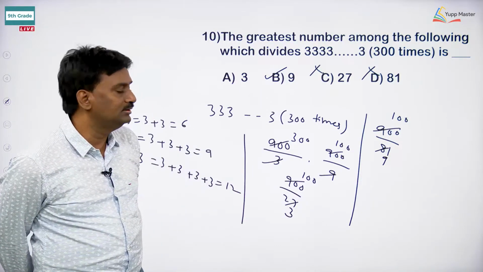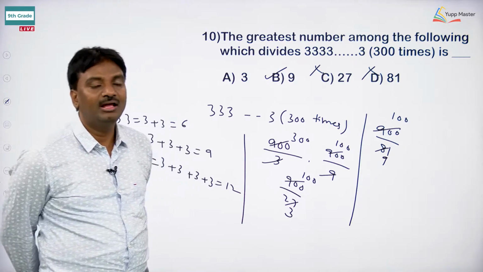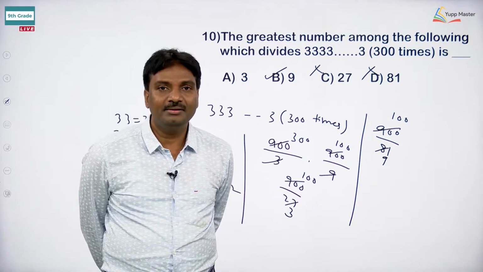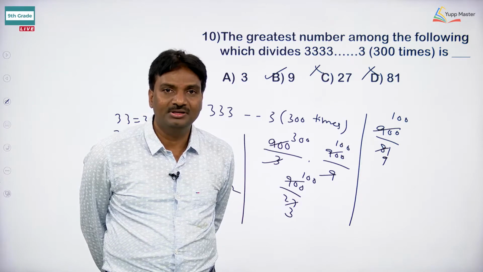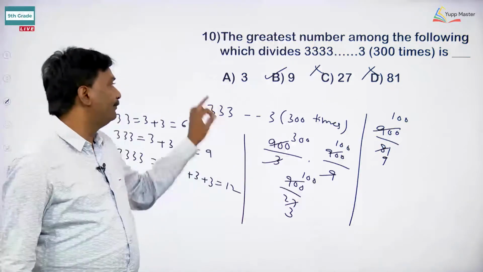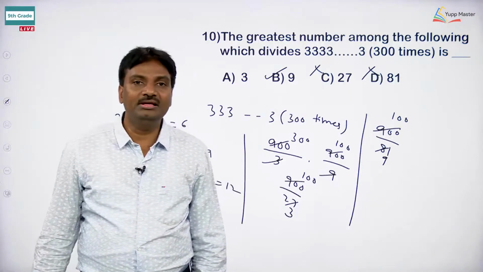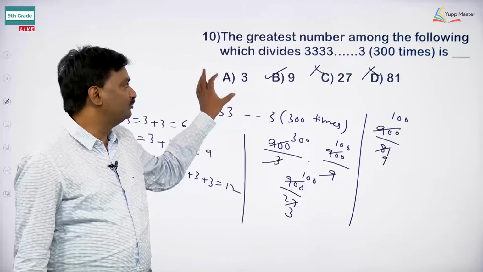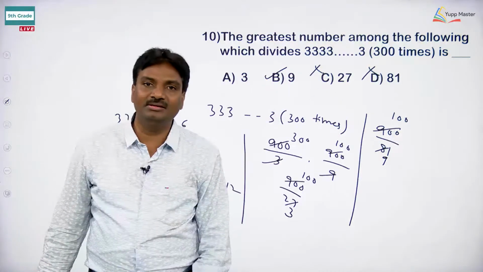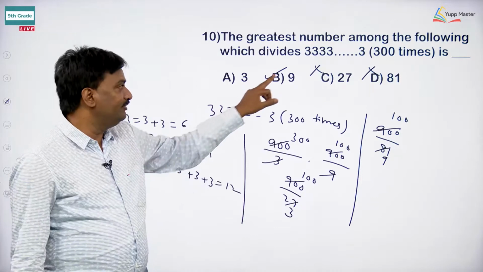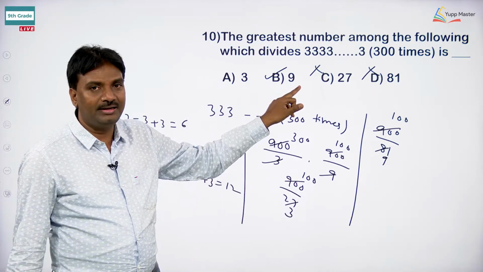So option B is the correct option for the given problem. Here 3333 so on 300 times is divisible by both 3 and 9. But by observing the numbers 3 and 9, clearly we can say 9 is the greatest number.